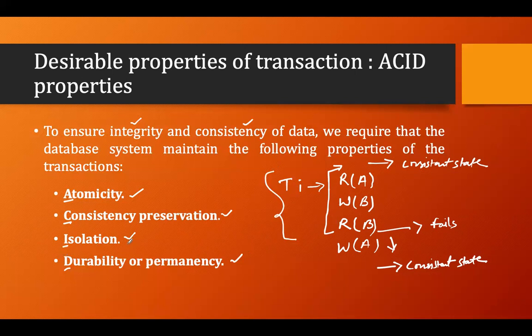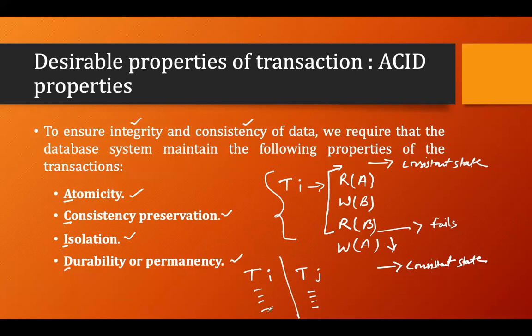Now come to isolation. Isolation says that if there are transactions going on, let's say Ti and Tj, whatever operations Ti performs and whatever operations Tj performs will not interfere with each other.